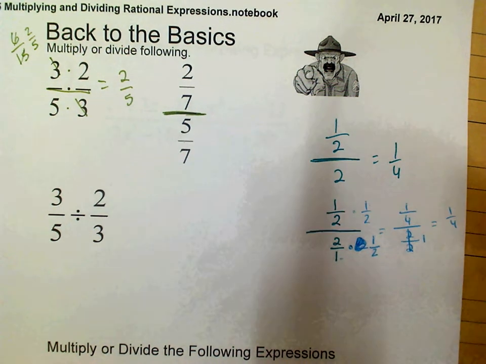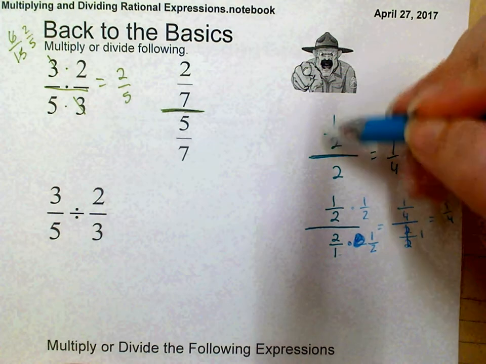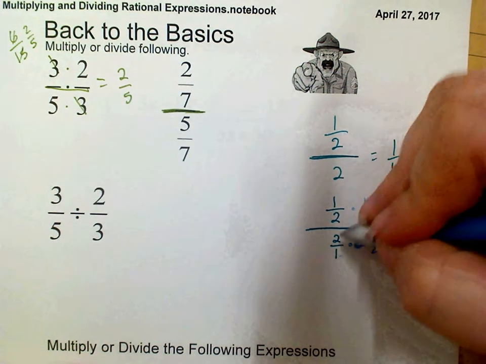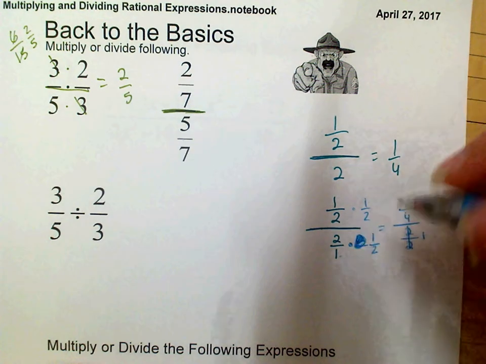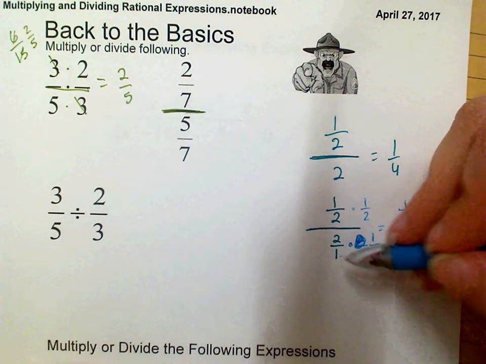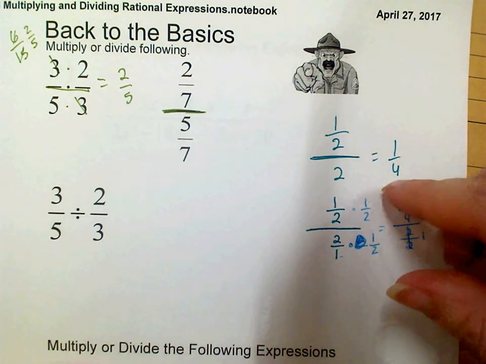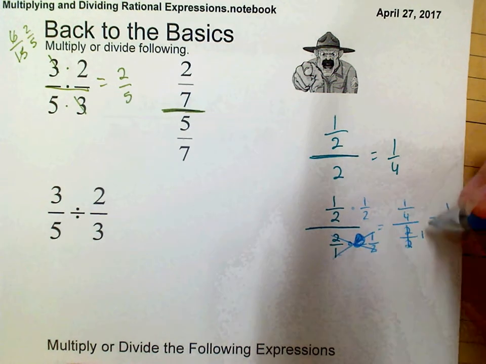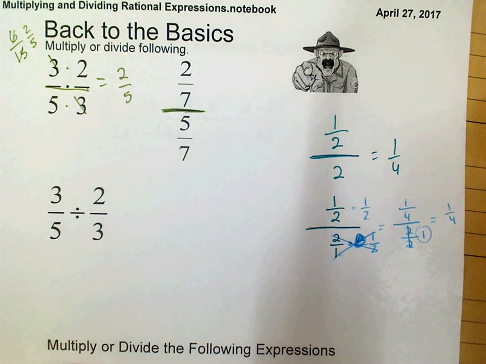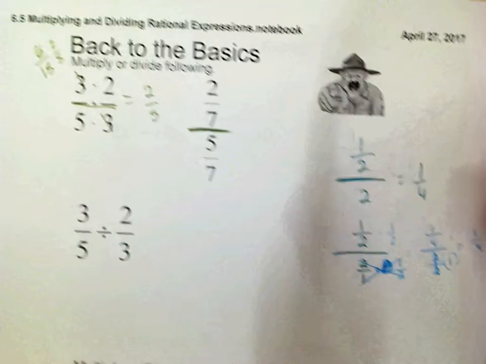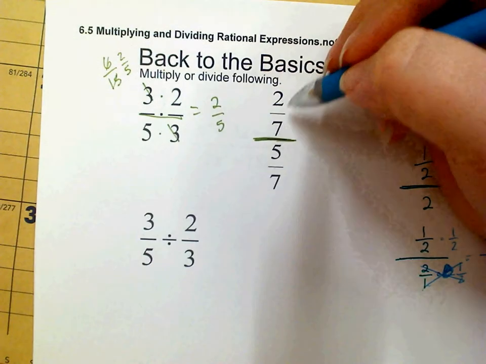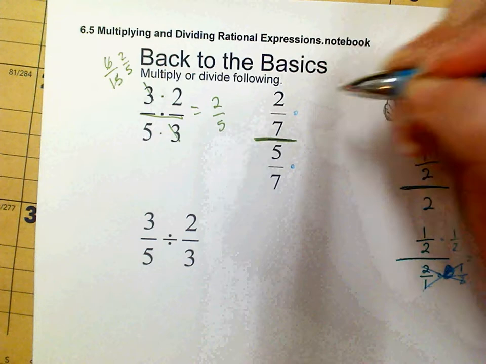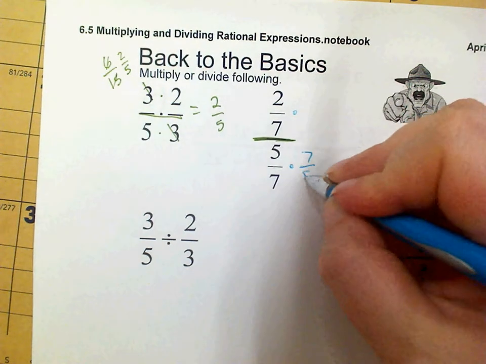So here's the point. If I divide a fraction by something else, by a number or by another fraction, all I have to do is say, instead of dividing by 2 over 1, let me multiply by 1 over 2. And instead of multiplying it out, I can just say these simplify down to 1, so I don't need them anymore. So for 2/7 divided by 5/7, I multiply by the reciprocal of the denominator, 7/5.